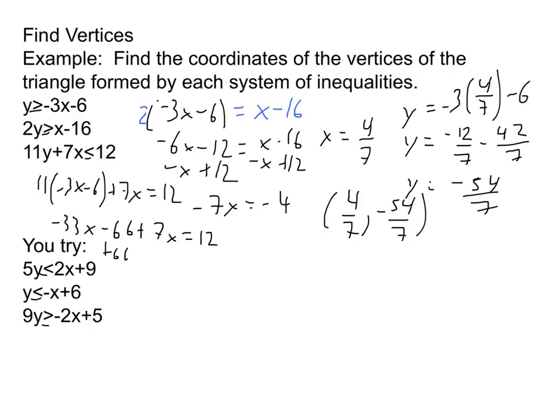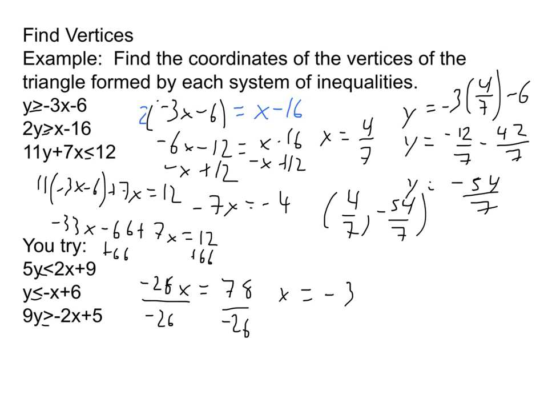So add 66, I get, let's see, negative 33 and 7 makes negative 26x, which equals 78 divided by negative 26. X equals negative 3.